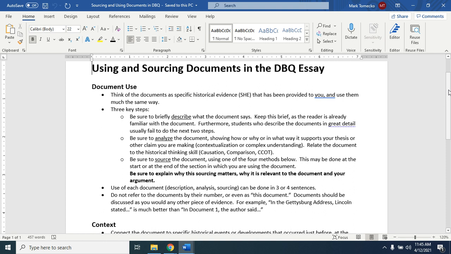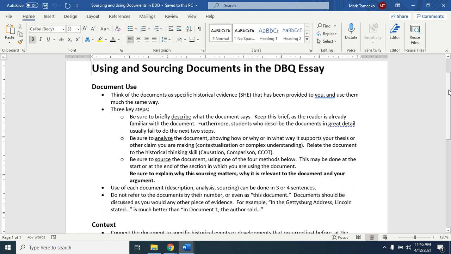I don't have it on this handout, but do not quote the documents. If you quote a short phrase, just a few words, because it's so important to what the document is saying, that's acceptable, but that should really only happen maybe once in the entire essay. You don't want to get in the habit of quoting because, first of all, it's a waste of time.